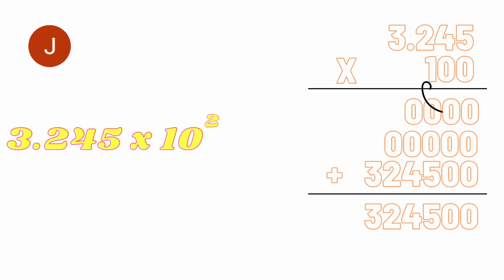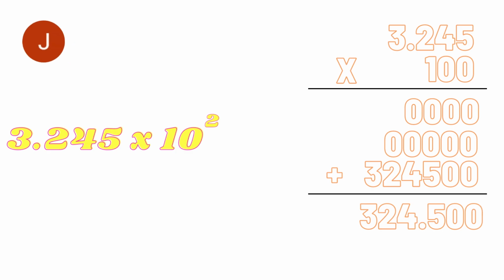In order to know where to place the decimal point, we should count how many places after the decimal point we have in the original number. Here we have 3. So we have to look at the answer, which is 324,500, and count 3 places before placing the decimal point. Let's see. 1, 2, 3, and the decimal point goes here.